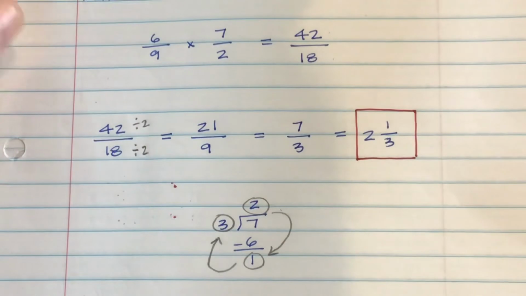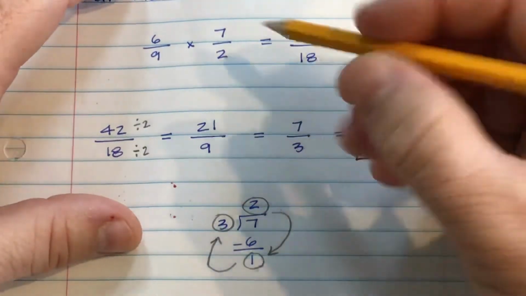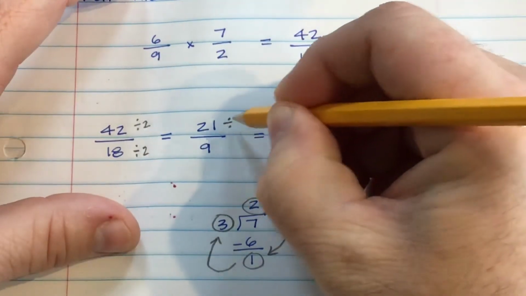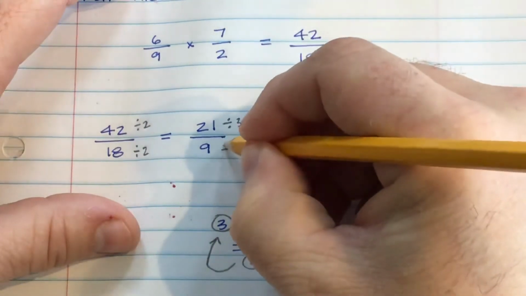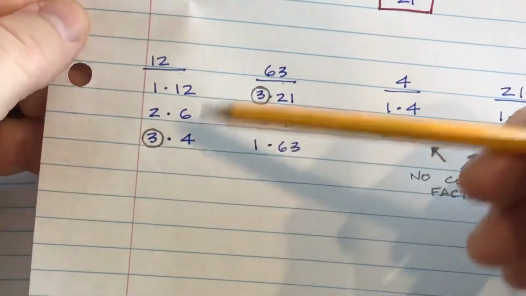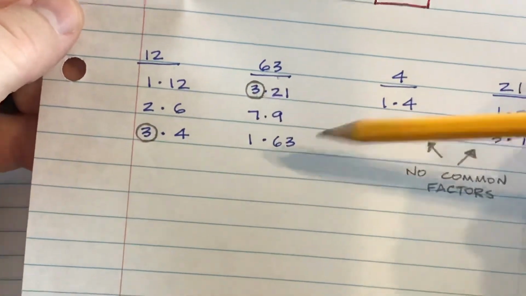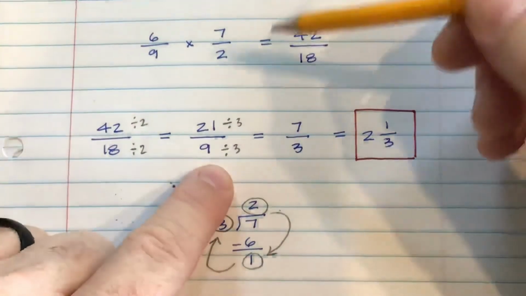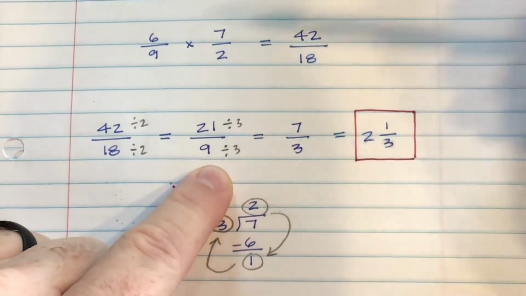I also noticed pretty quickly that 21 and 9 can both be divided by 3 because they share that common factor of 3. Remember, if you don't know what factors they have, you can always go back and make yourself one of these lists for your numerator and denominator to figure out what factors they have. I just knew that these were both divisible by 3.